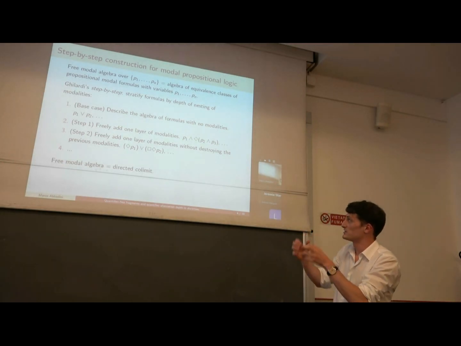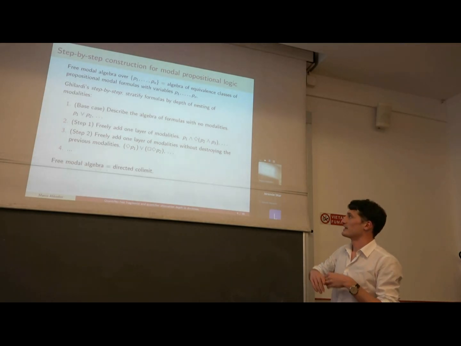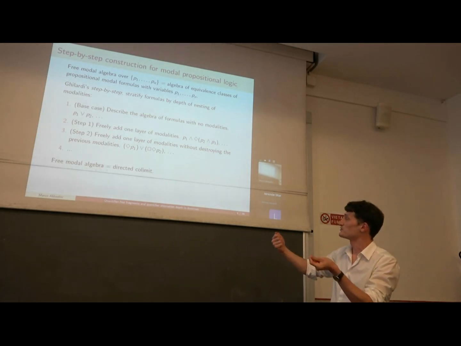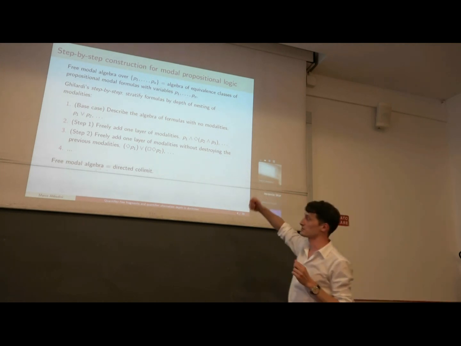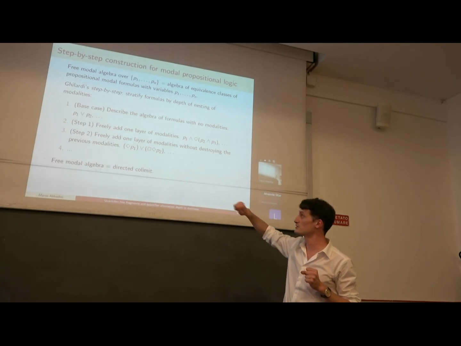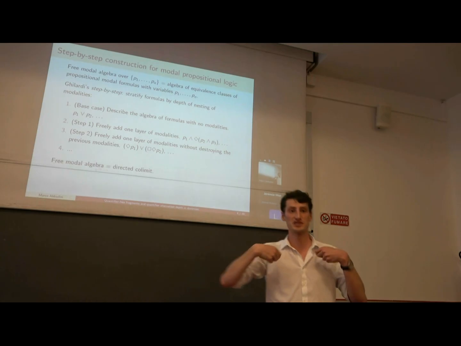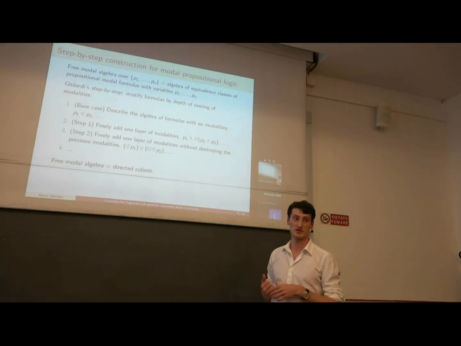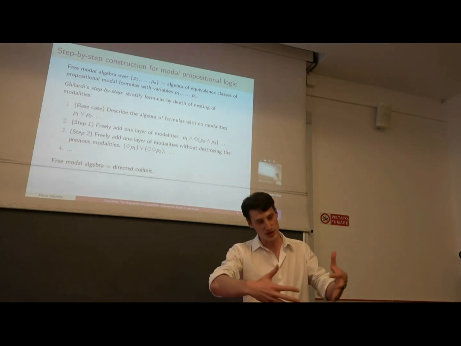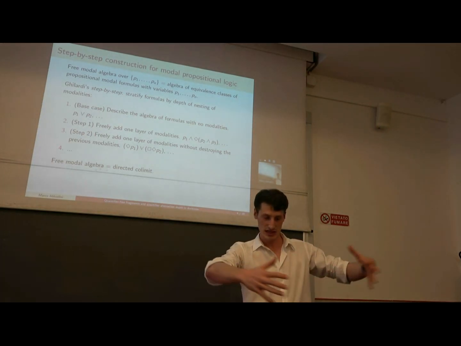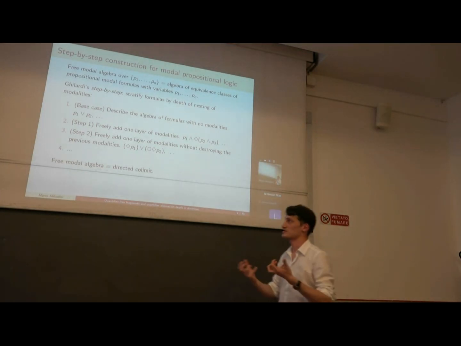You first describe the algebras of formulas with no modalities, and then you freely add one layer of modalities, and you show how to go from step 1 to step 2, and then you add new layers of modalities without destroying the previous modalities. At each step you can control, and at the colimit you get a union over which you have some control.